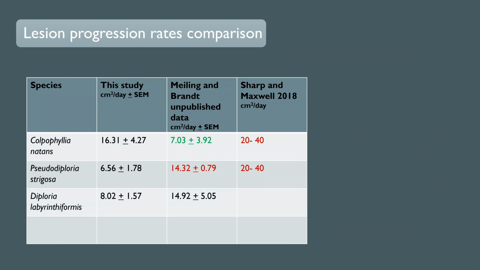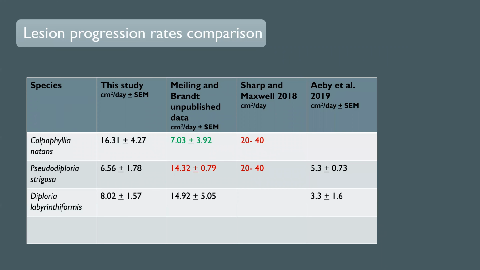And once the lesion progression rates are compared to Florida, there's a significant increase. But this doesn't necessarily mean that we're observing a different disease here than is being documented in Florida, nor that the corals in Florida are necessarily dying faster than those in the USVI, because the rates reported by Abby and colleagues in Florida are approximately equal to those in this study.